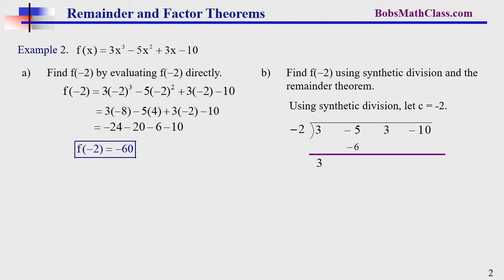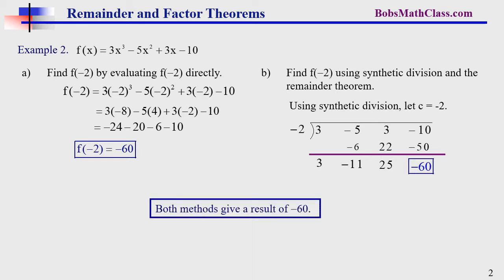Multiply negative 2 times 3, that's negative 6. Add the two numbers. Negative 11. Multiply again, 22. Add the two numbers. Multiply again, negative 50. Add the two numbers. Negative 60. Again, both methods give a result of negative 60.